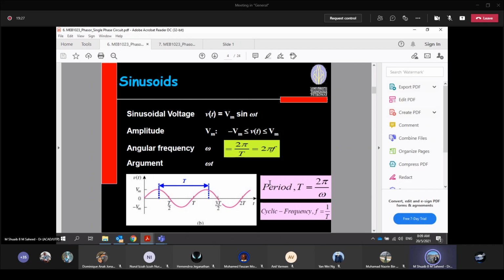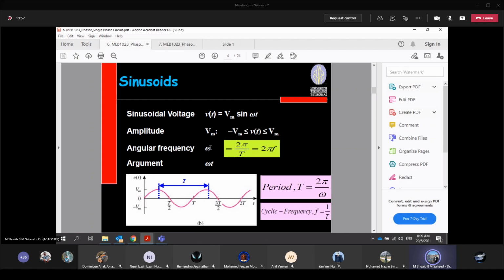If you're looking for the peak to peak voltage, Vpp, that will be equivalent to 2 Vm. Positive Vm minus negative Vm becomes 2 Vm.